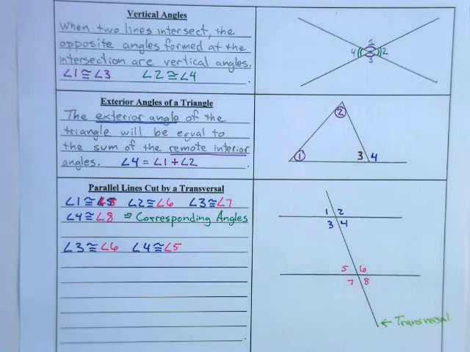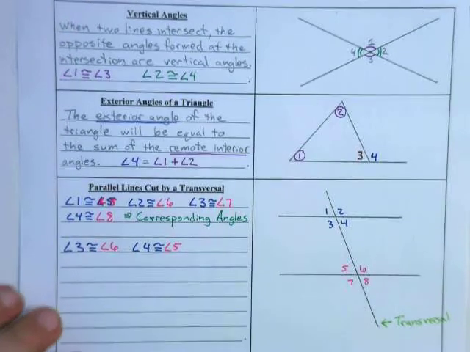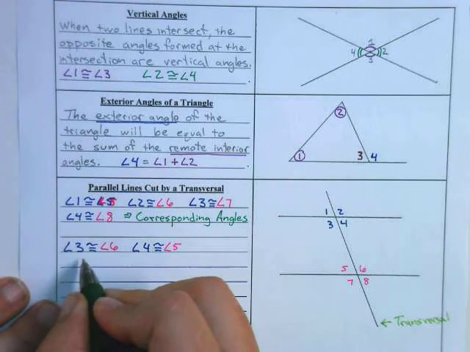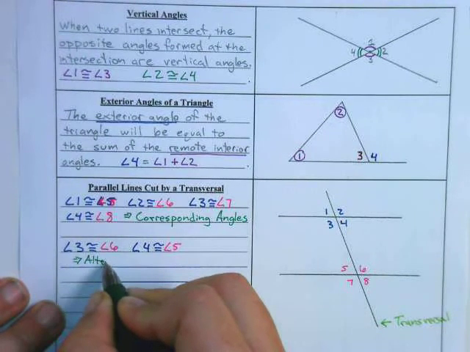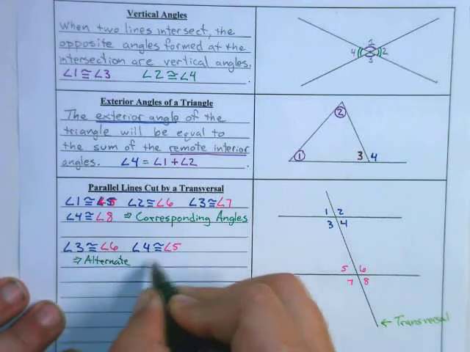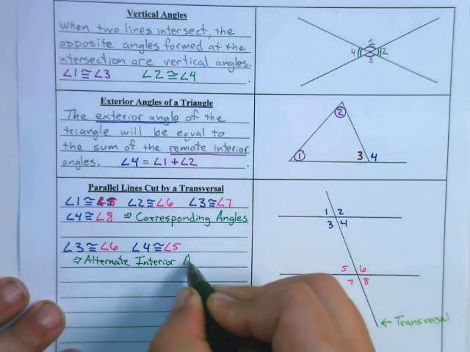So the term for these are alternate interior angles.